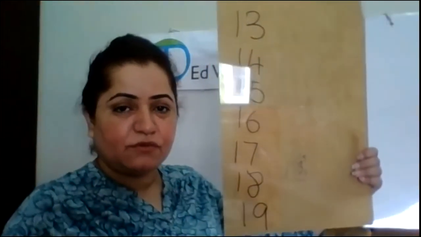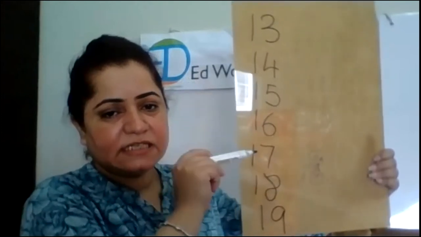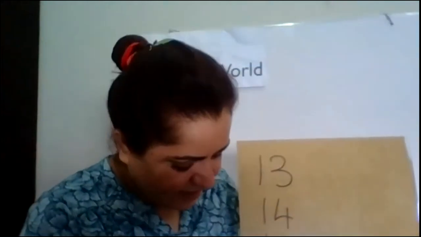Okay. So I have written the numbers over here: 13, 14, 15, 16, 17, 18, and 19, right?